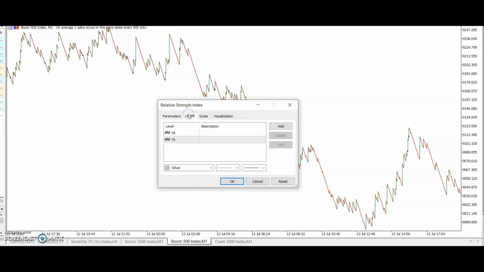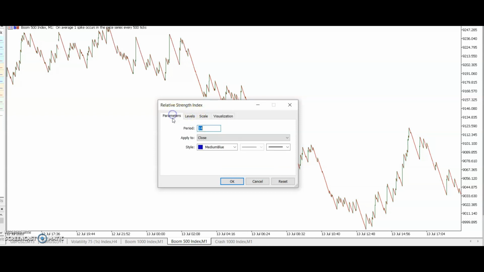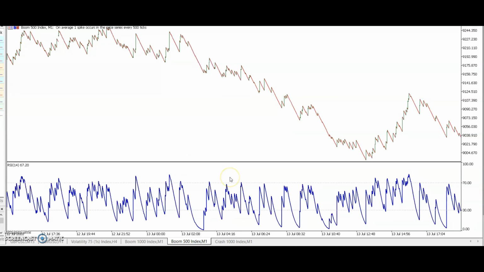And then on your phone, I think it will ask you levels. You just put level 30, level 70, but on your computer it will come with the default 30 and 70, but on your phone you have to change that, and then everything else you just leave it like that. Okay, so I'm gonna click OK, and then there it is.